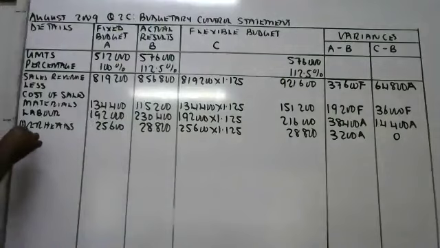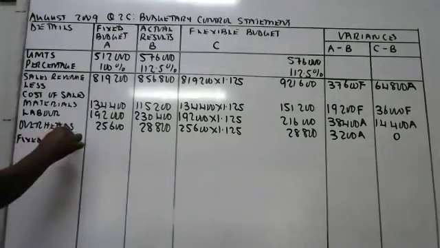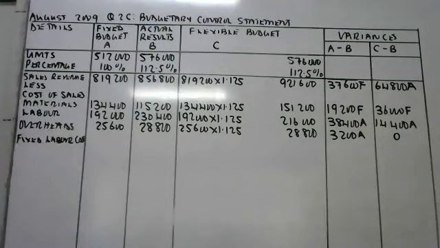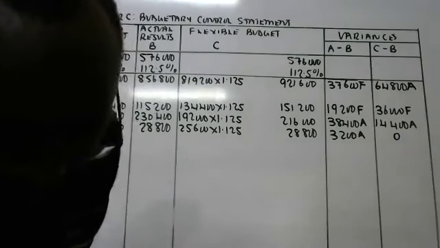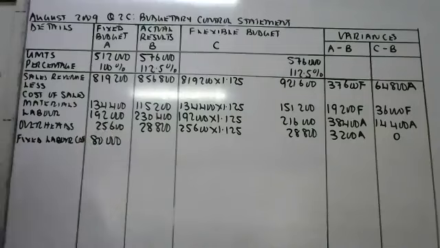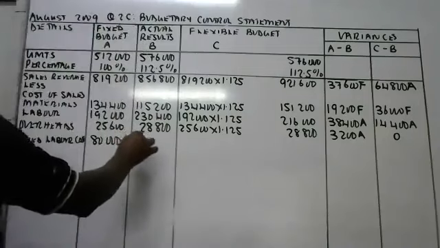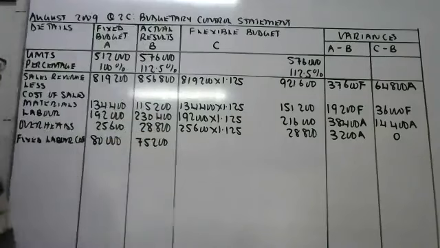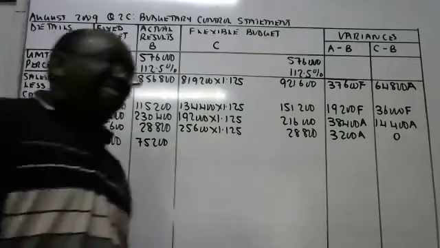Fixed labor costs in the original is 80,000 and in the actual is 75,200. So is this a variable cost? Yes or no? No, it's not.